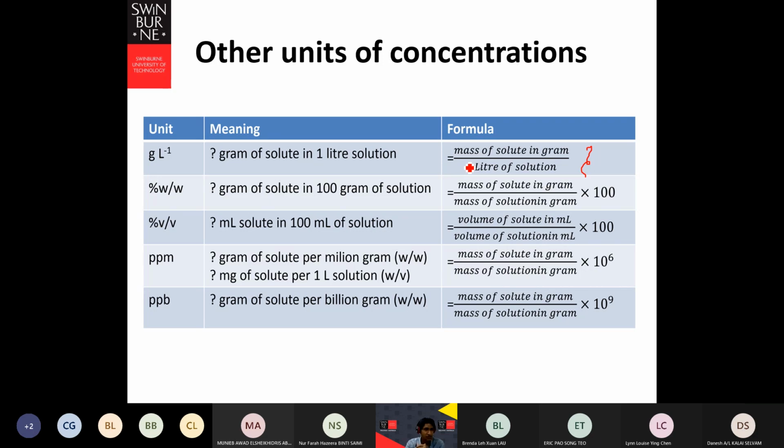But we do not usually show it much, only for reference. This is a much more layman style. You can express it this way to your friends who do not study chemistry. You can tell them, okay, in this solution there is 890 gram of sugar in 2 liters, and in that way they will understand.